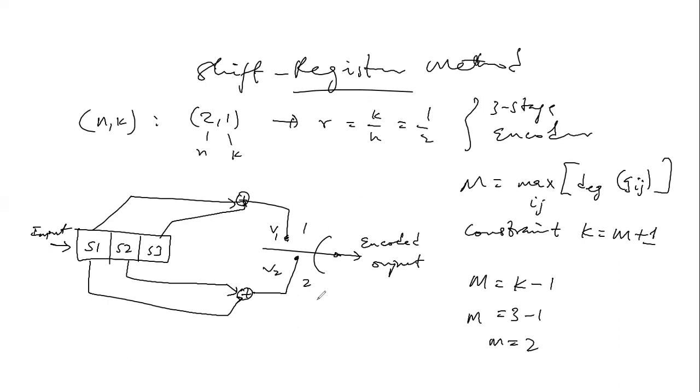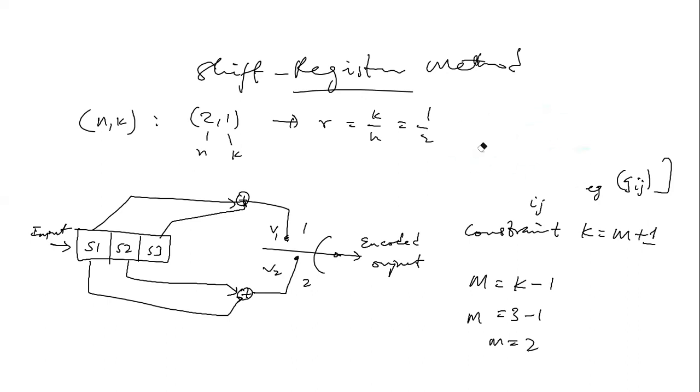The first stage of the shift register holds a bit. I already explained this earlier. Whatsoever is in S1 moves to S2, whatsoever is in S2 moves to S3, and whatsoever is in S3 drops.